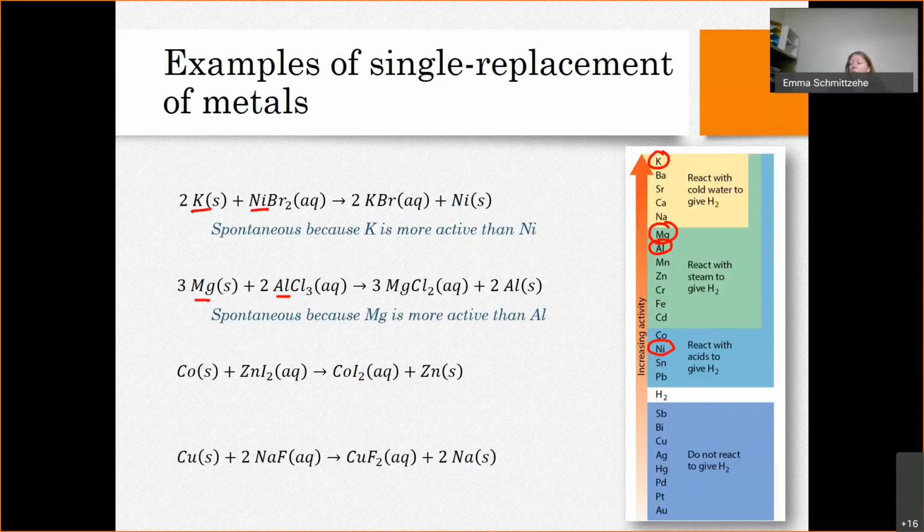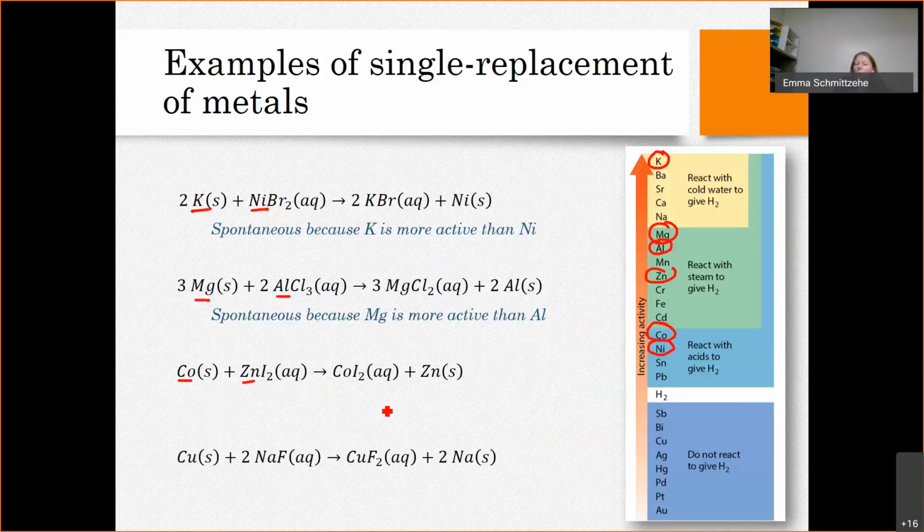We go down to the next one, we have cobalt and we have zinc. So we find where cobalt is, here's cobalt, and then here's zinc, okay? And in this one, notice the way it's written, cobalt is trying to replace zinc, but cobalt is lower in the list.